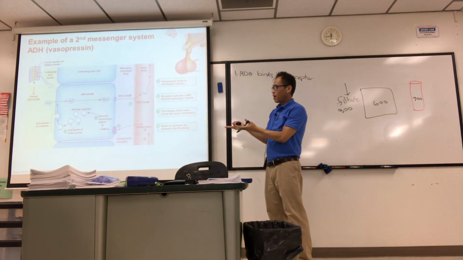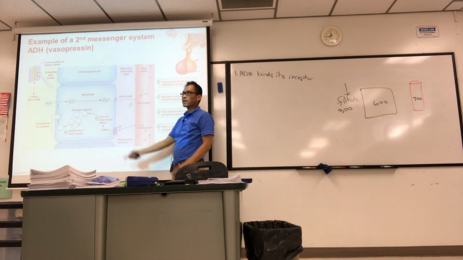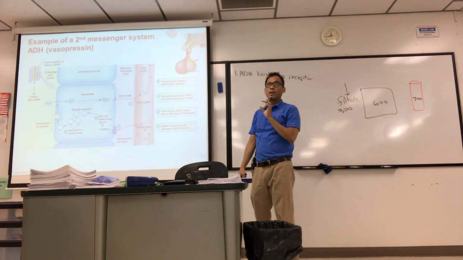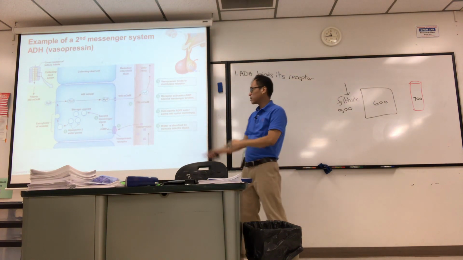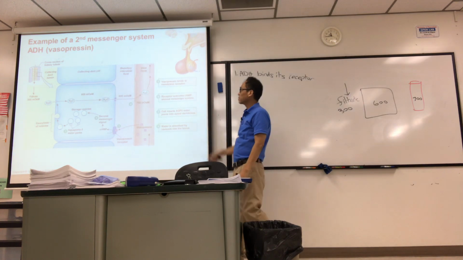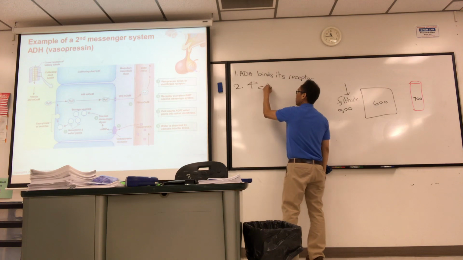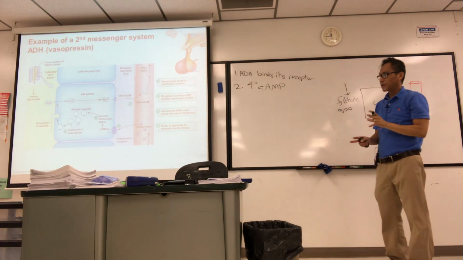Is it binding on the cell surface or not? Yes or no? Yes, cell surface. So does that mean it's a protein or a steroid? It's a protein. It binds on the surface, and it's going to increase the second messenger signal. I'll just put up arrow cyclic AMP. ADH never enters the cell.